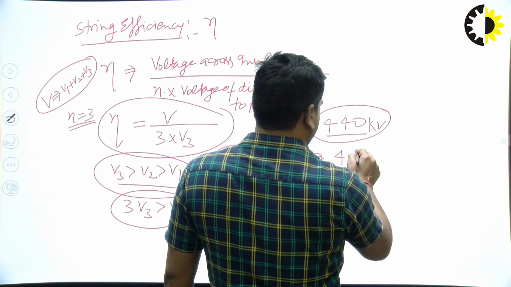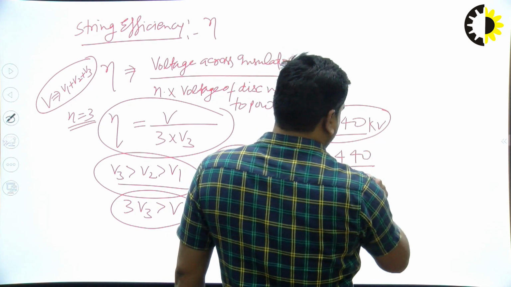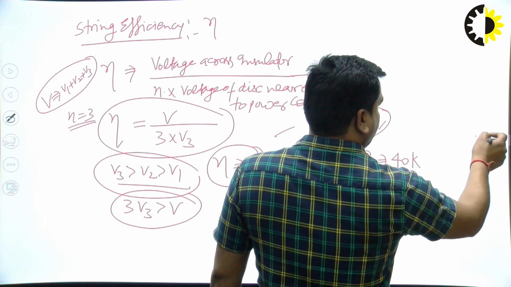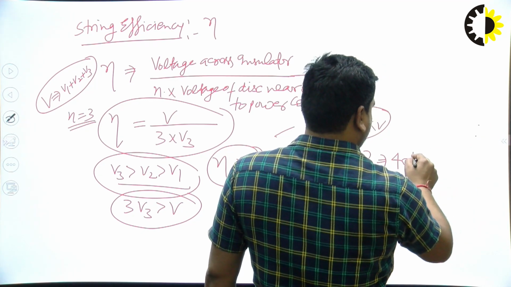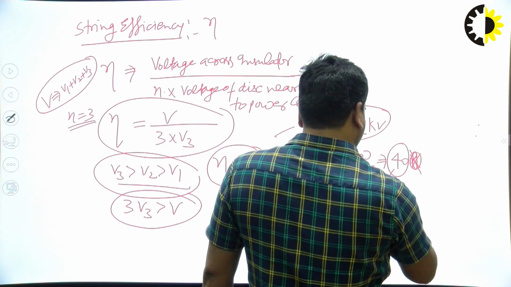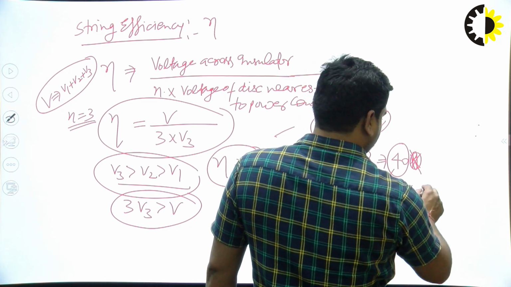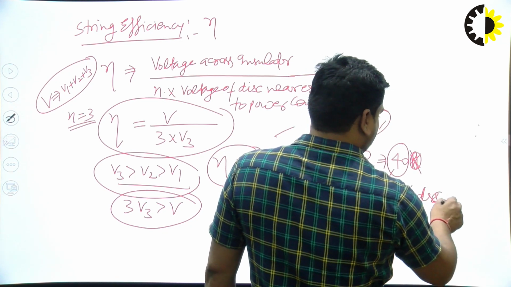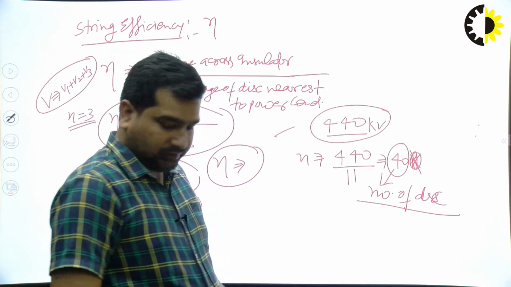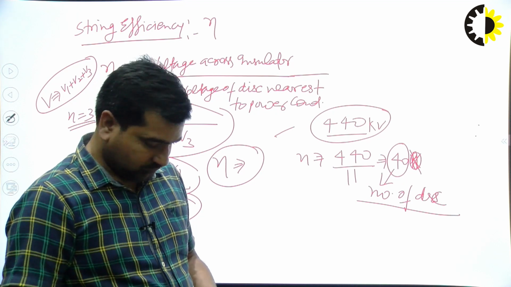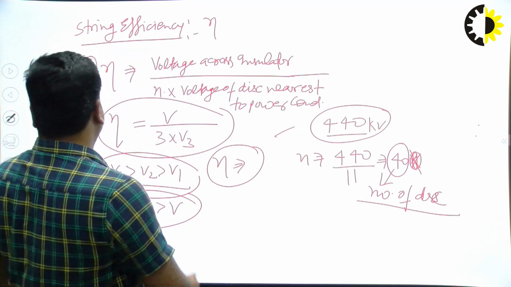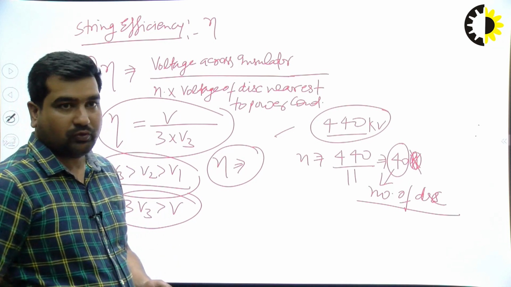That is 440 divided by 11, 40 discs are required. Okay, let's stop the overhead line insulator here.